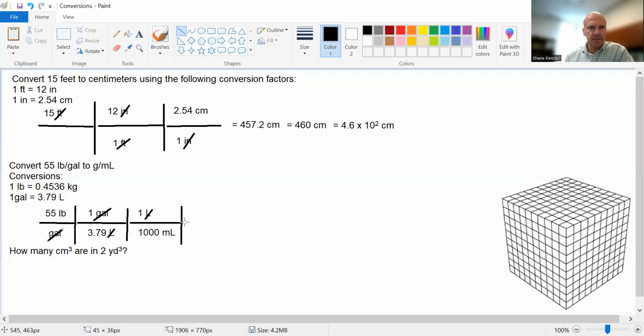So I'm going to do the next portion of the problem here, and we're going to convert from the mass of pounds into grams. Okay. Now, in the conversions, again, we don't have grams, but we've got kilograms. So where does the pound part go? It's going to go on the bottom.